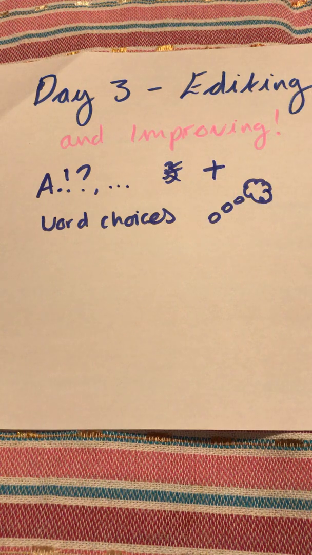So today we're looking at editing and improving again, because there are lots and lots of steps in Key Stage 2 in our writing steps that involve editing. It's really, really important. It's called editing, but we like to call it editing and improving, because the improving part is the really important bit as an author.